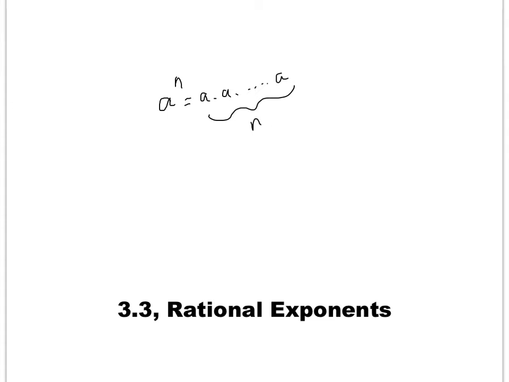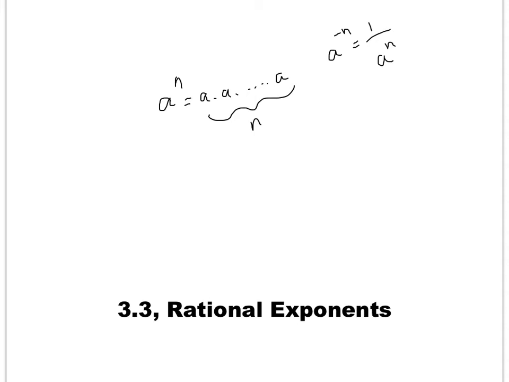And n, we defined it as an integer which was either positive or negative. And we also defined that if n is negative, then this is exactly like 1 over a exponent n.